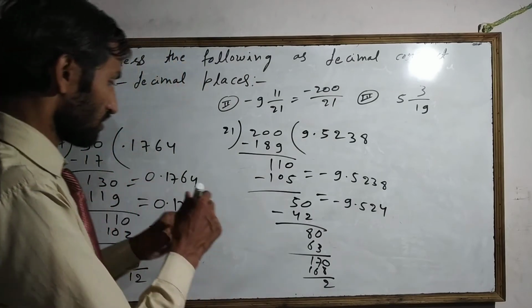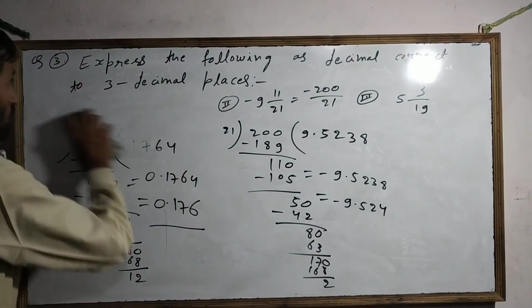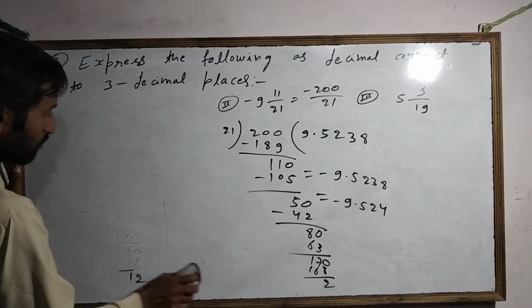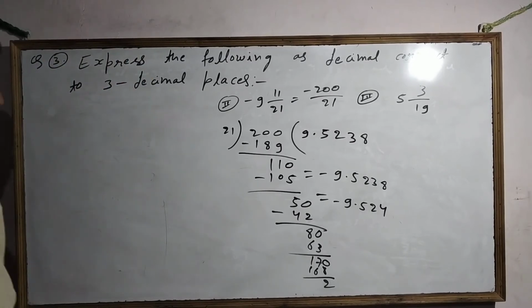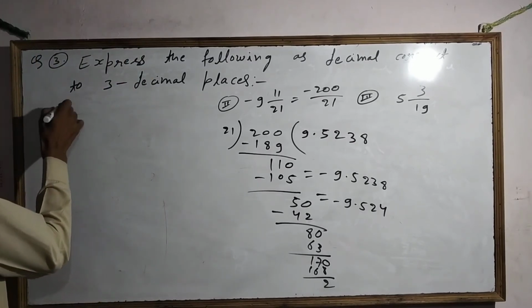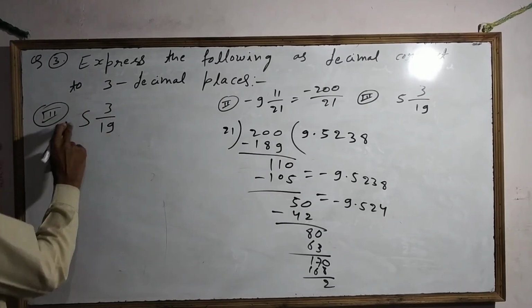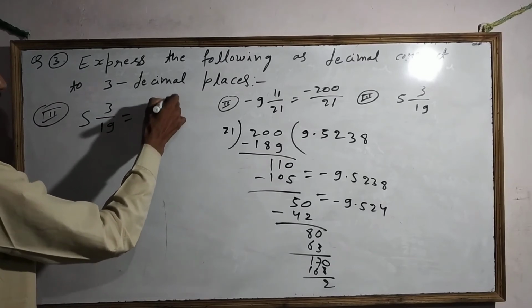Next, the last one is the third part, where a mixed fraction is given, and first of all we remove the mixed fraction. 5 whole 3 upon 19 is given. So 19 times 5 is 95, plus 3, 98 upon 19.